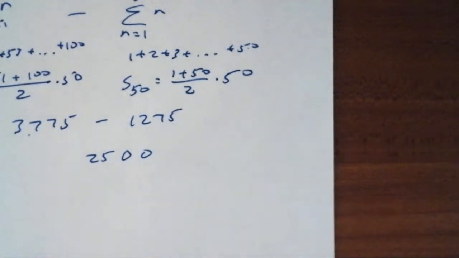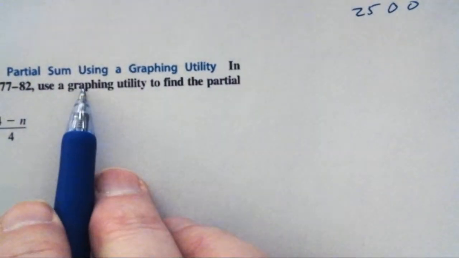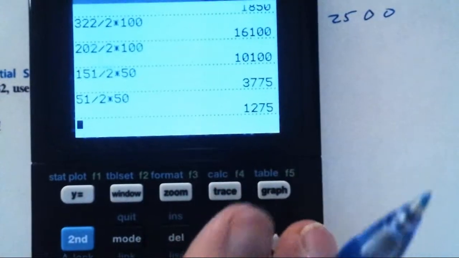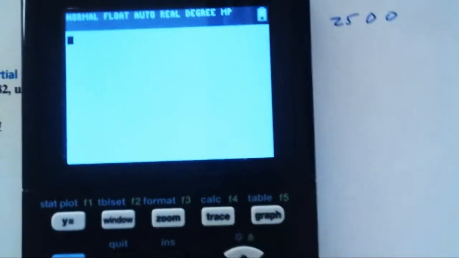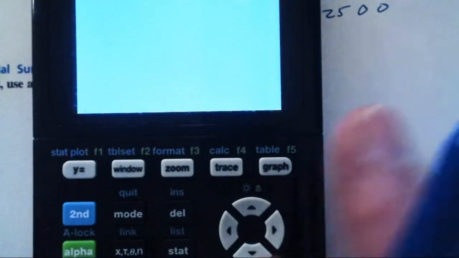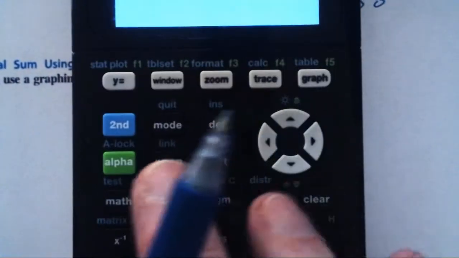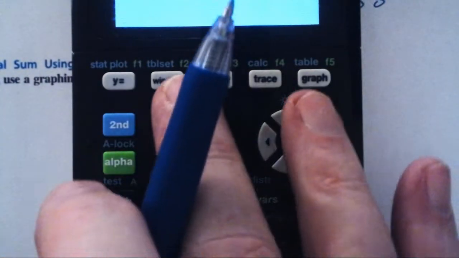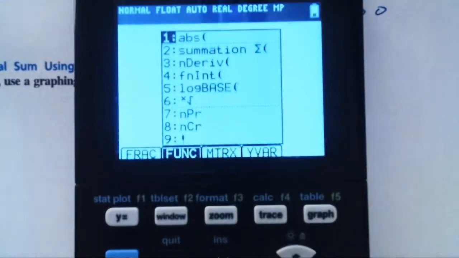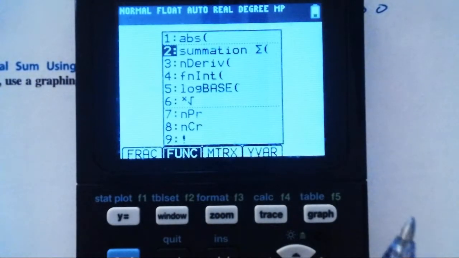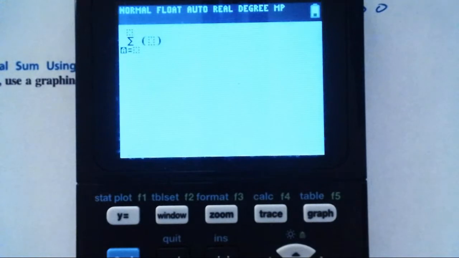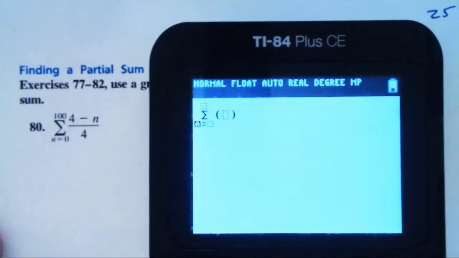Not too bad. And use a graphing calculator to find this. Okay, I'm going to show this two ways. The easy way on the CE. Love this thing. I can go to alpha window and I get summation. There's other ways to find that, but that's pretty convenient. And now I can just straight enter it as it is.